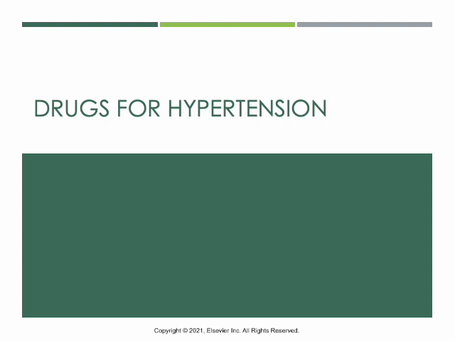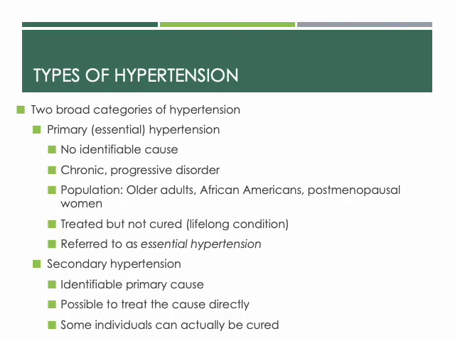Now we're going to move on to drugs used for hypertension. There are two broad categories of hypertension. There's primary and then there's secondary. With primary or essential hypertension, there is usually no identifiable cause. It's a chronic and progressive disorder, and most of the time it affects our older adult patients, African Americans, and postmenopausal women.